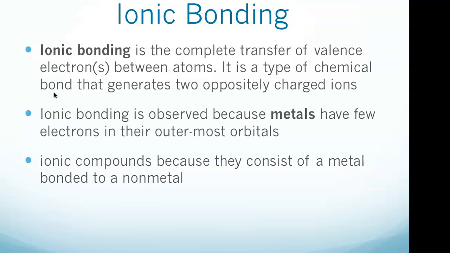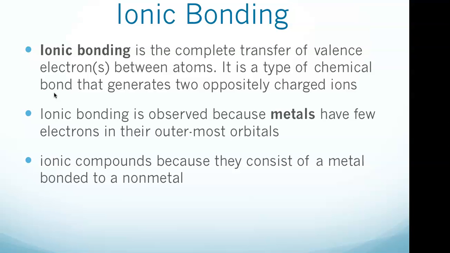In ionic bonding, more than one electron can be donated or received to satisfy the octet rule. The charges on the anion and cation correspond to the number of electrons donated or received. In ionic bonds, the net charge of the compound must be 0.